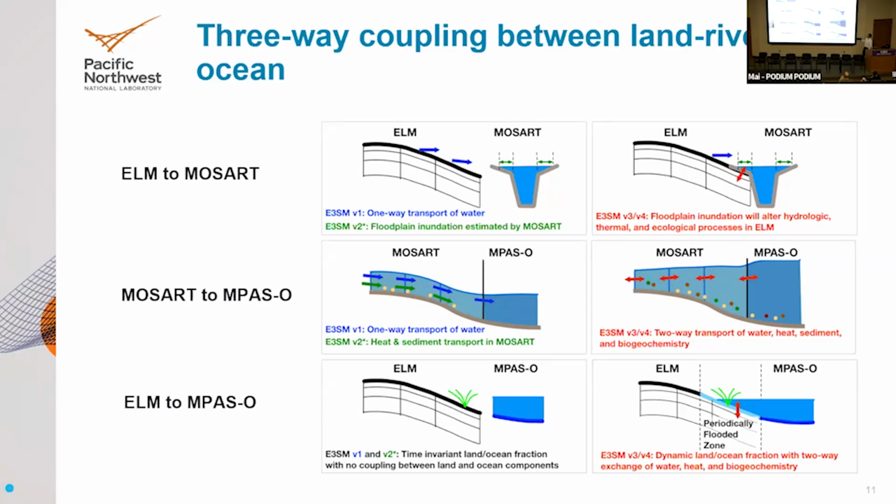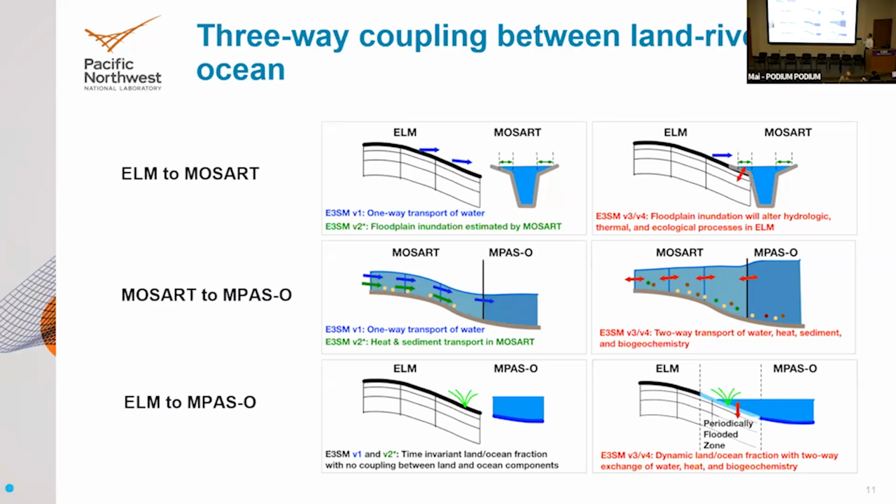In this figure, the left panel shows the old one-way coupling scheme. The right panel shows the new two-way coupling scheme. For the land-river coupling between ELM and MOSART, we added the process of infiltration of the inundated river water to the soil column, which can raise the soil water table. For the river-ocean coupling between MOSART and MPAS-O, using the new coupling scheme, the information of ocean water level can be passed to the river model, which can use it to simulate the backwater effects in the tidal rivers.